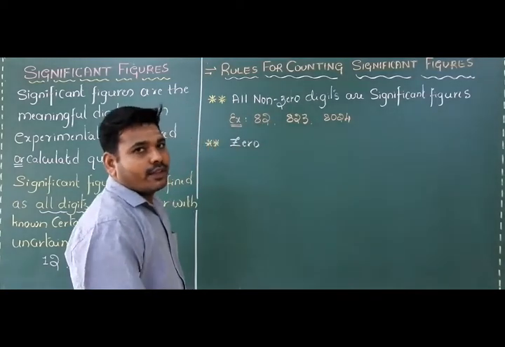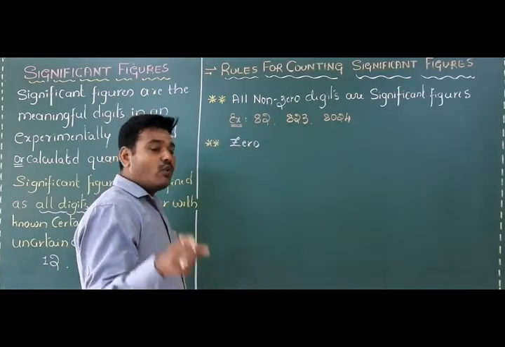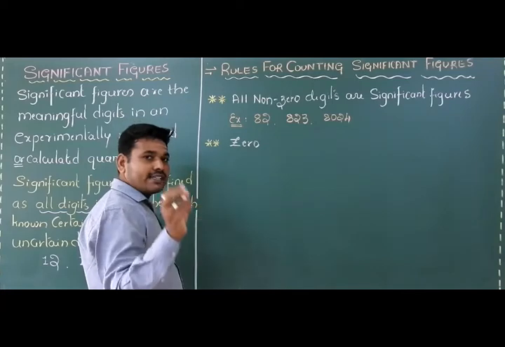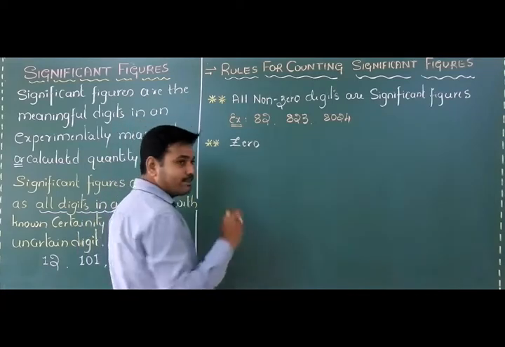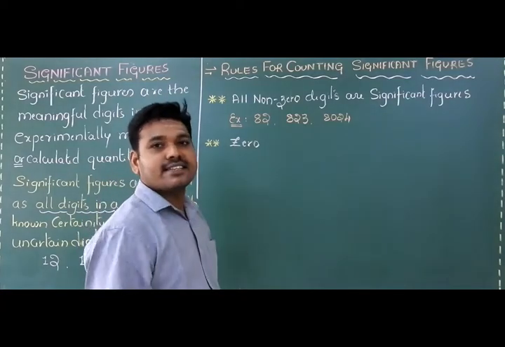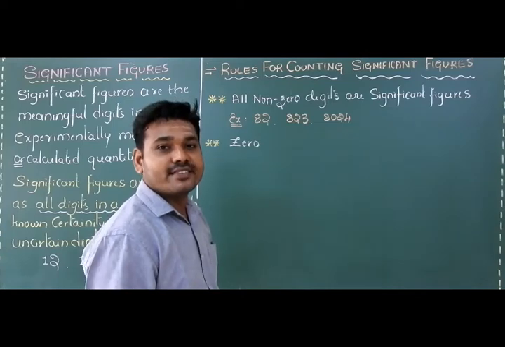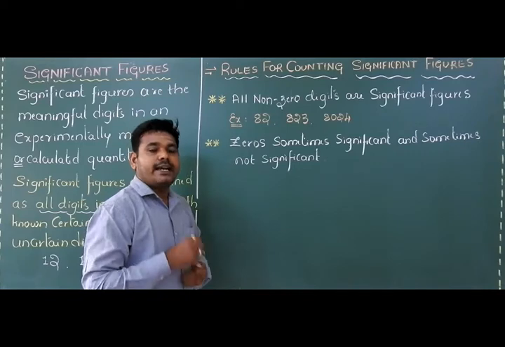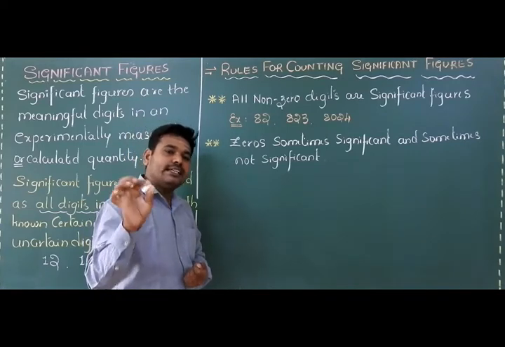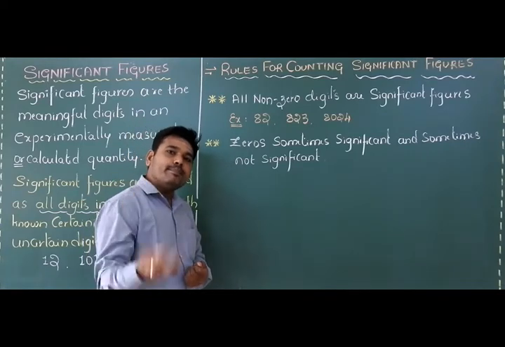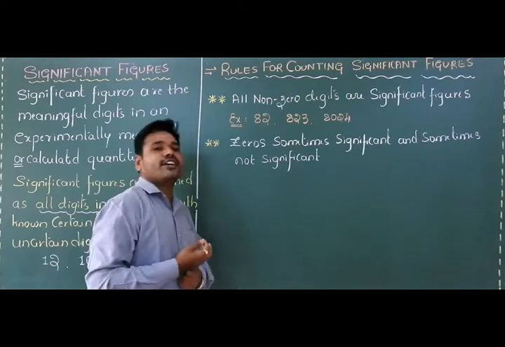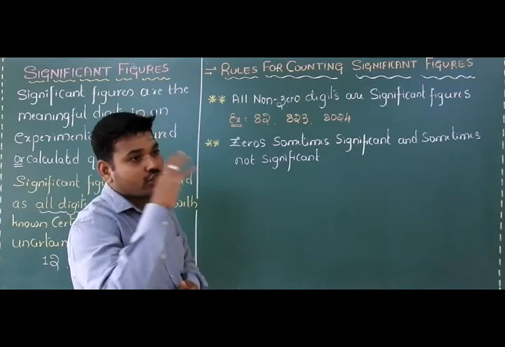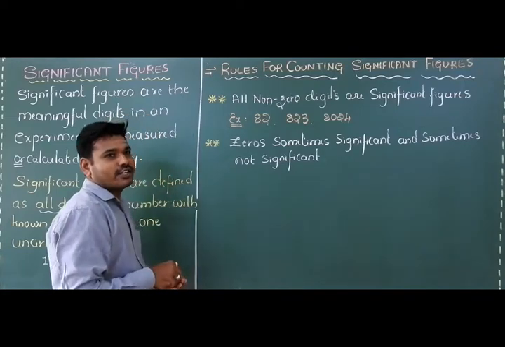The zeros which are present in a given number are sometimes counted as significant figures, and sometimes they are not counted as significant figures, students.